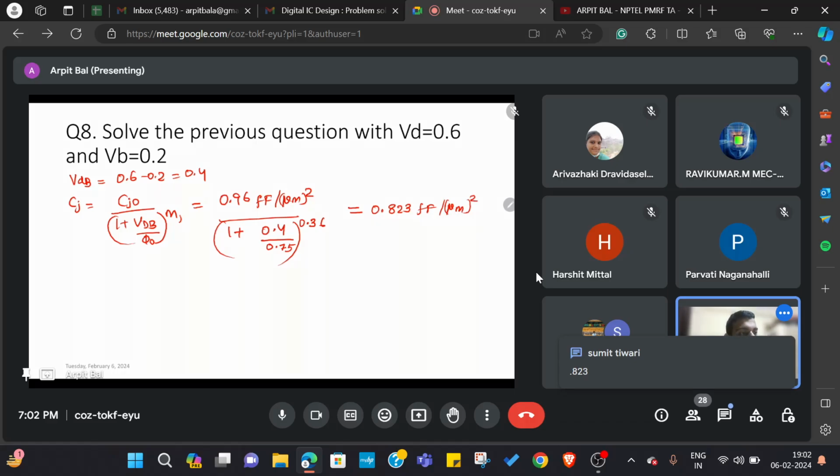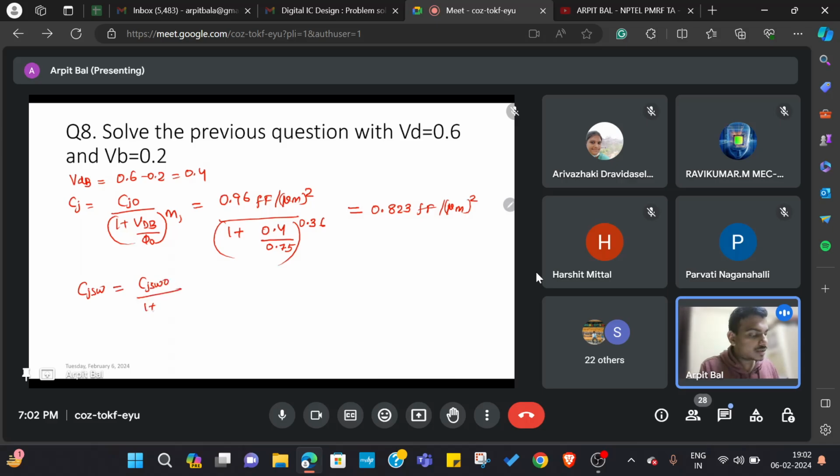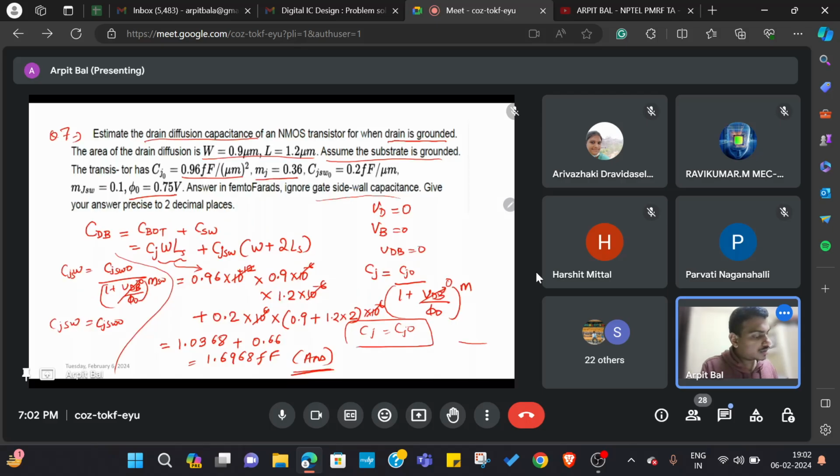Yeah. Similarly, we also need to calculate what is our CJSW. Okay, so CJSW is equal to CJSW naught by 1 plus VDB by phi naught whole to the power MJSW. Okay, this is 0.2, I think.